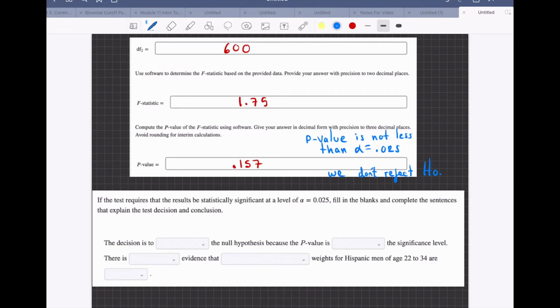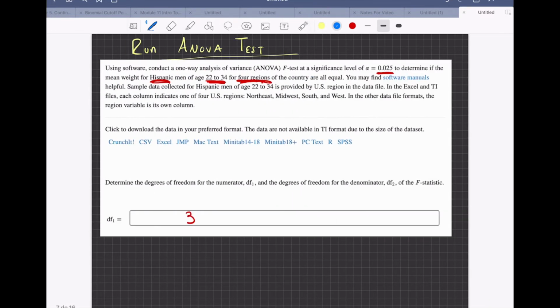So we are assuming here, what is H0 in this case? The mean weights: mu1, mu2, mu3 equal to mu4.